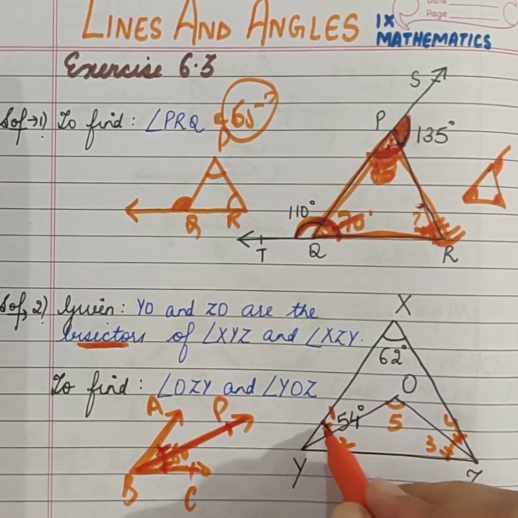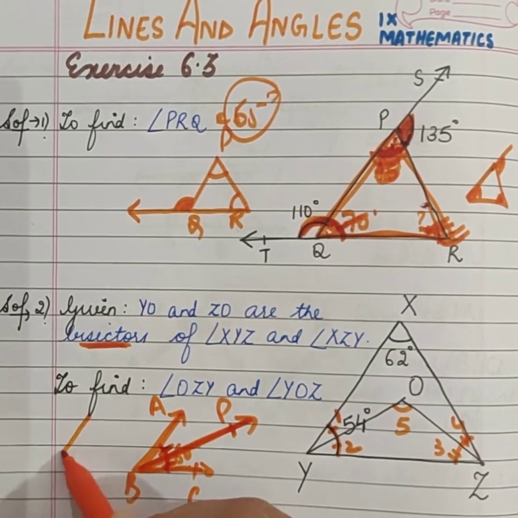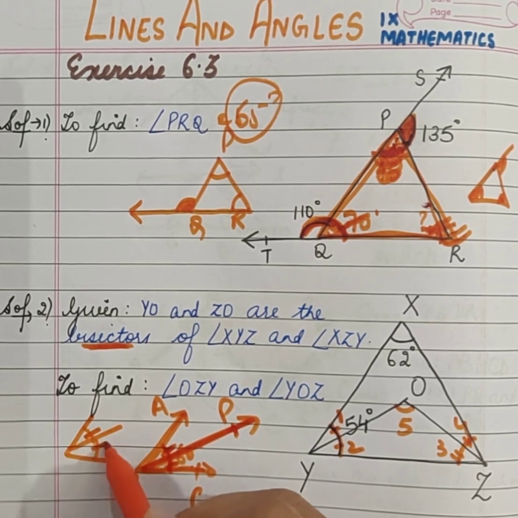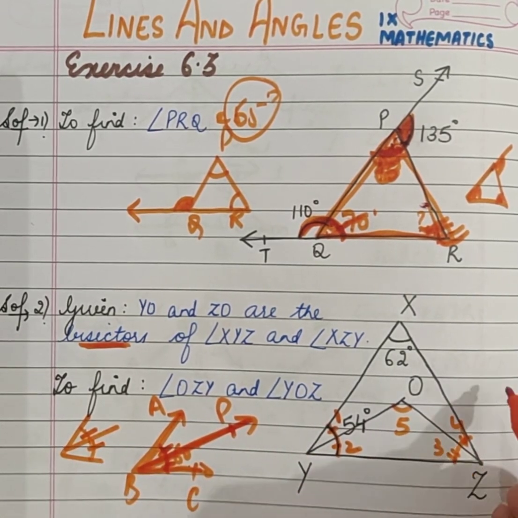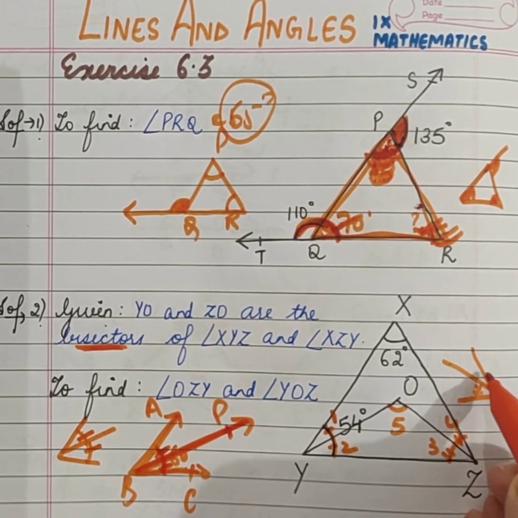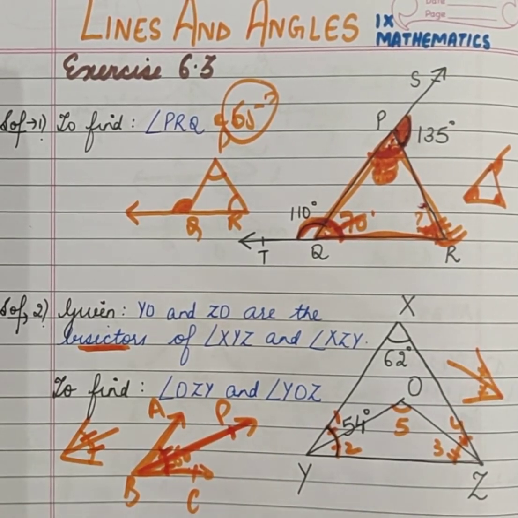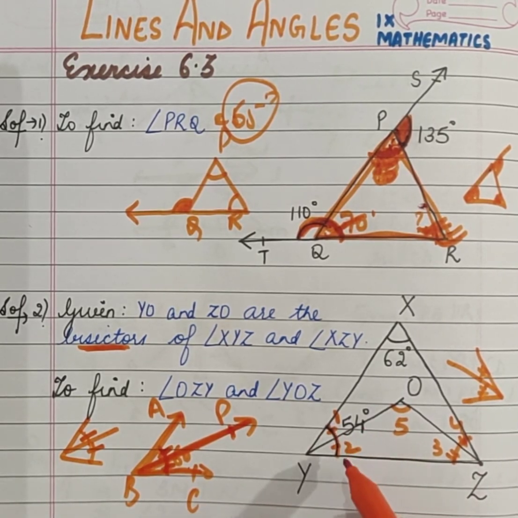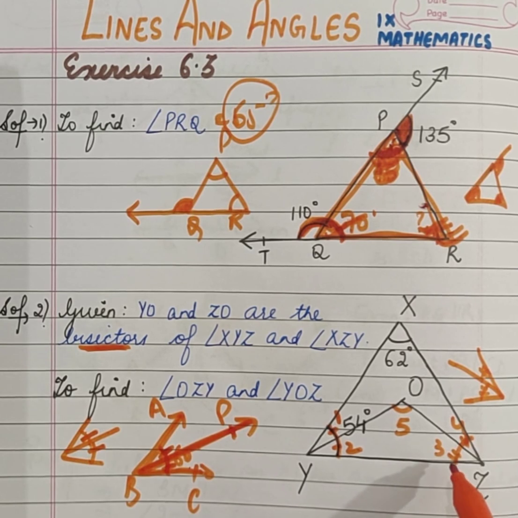The similar sign means they are equal, and here I have used a double dash, here and here, which also means they are equal. So angle 1 is equal to angle 2 and angle 3 is equal to angle 4.